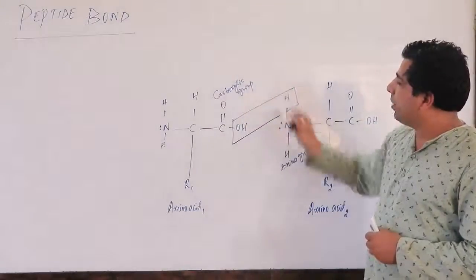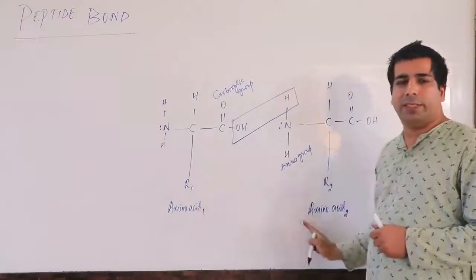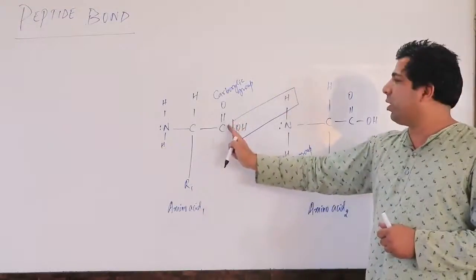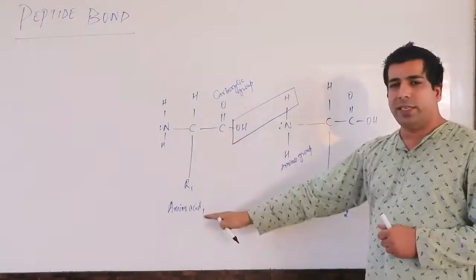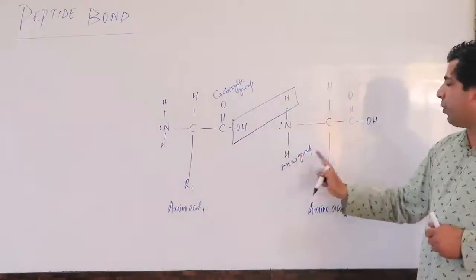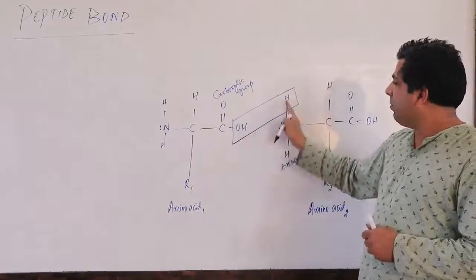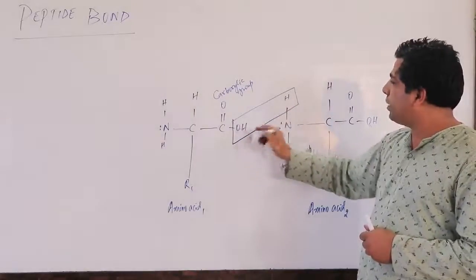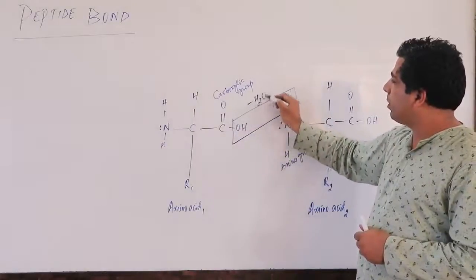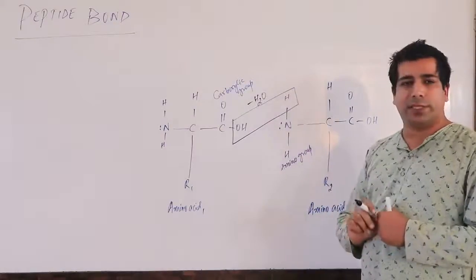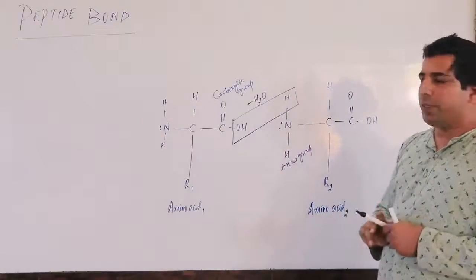So now, my dear friends, between two amino acids, there is a reaction between carboxylic group of one amino acid with the amino group of another amino acid. So they react with each other. And there will be a loss of H2O. What is that H2O? Water will be lost here. Minus H2O, water is lost. So now what will happen?